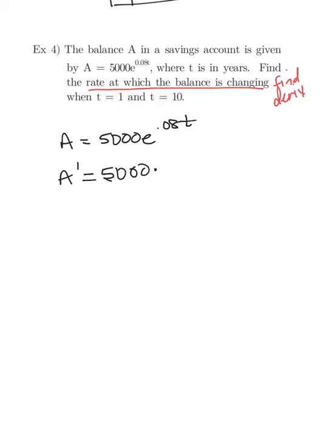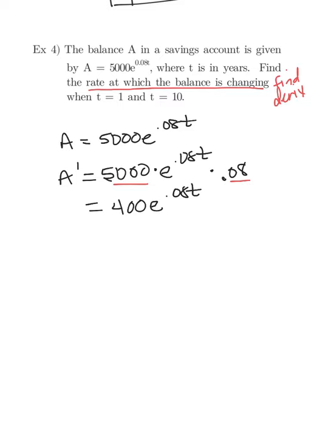Now, do the derivative of the e. Derivative of e is to write it down as given, and then take that times the derivative of the power, which will be 0.08. We're going to clean this up by taking 5,000 times 0.08, and that will give us 400 e to the 0.08t.